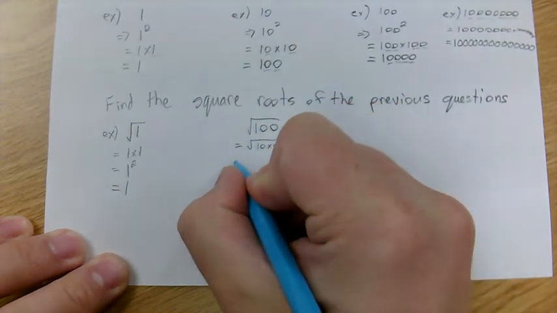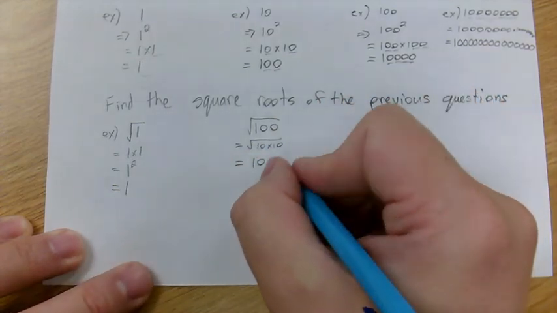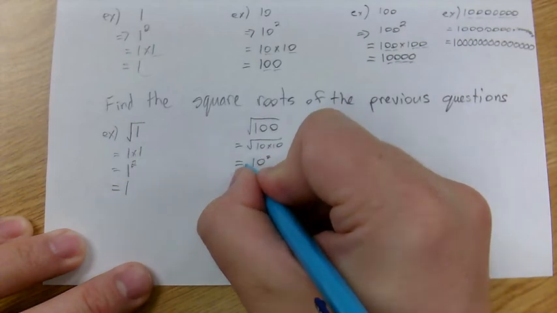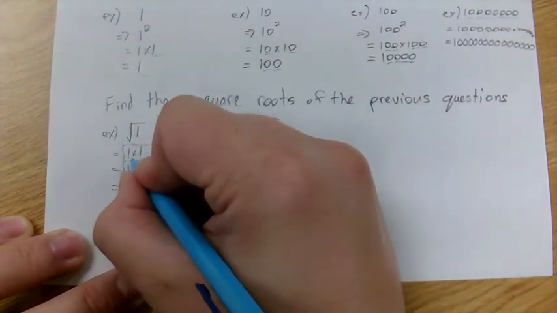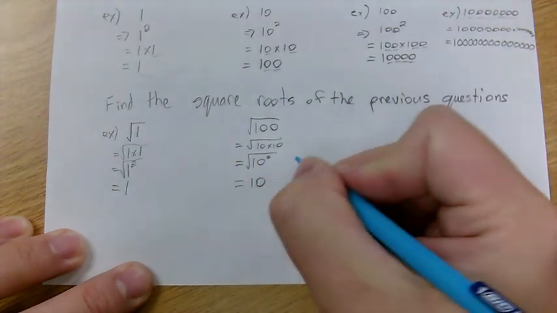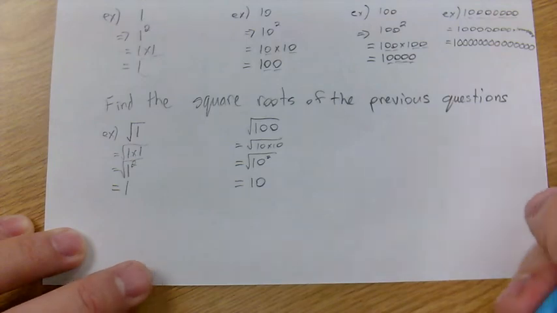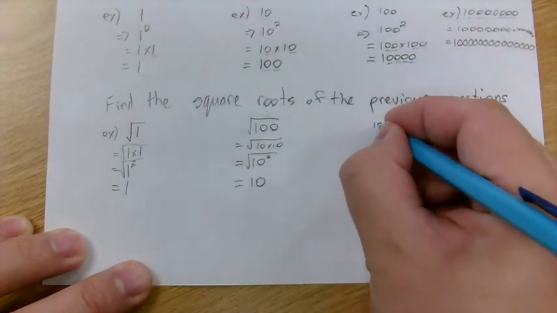10. 10 times 10 is 10, right? Square root of 10 squared. I meant to do this the whole way through. Oops. Square root of 10 squared is 10, which brings us right back to the beginning. This here, we had 10,000.